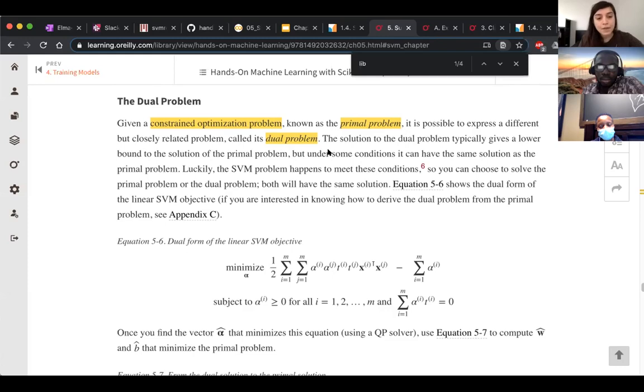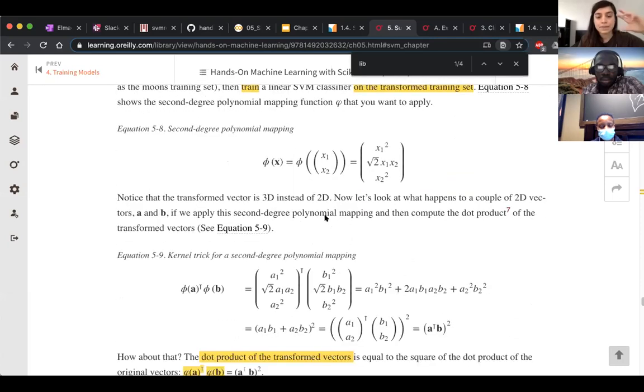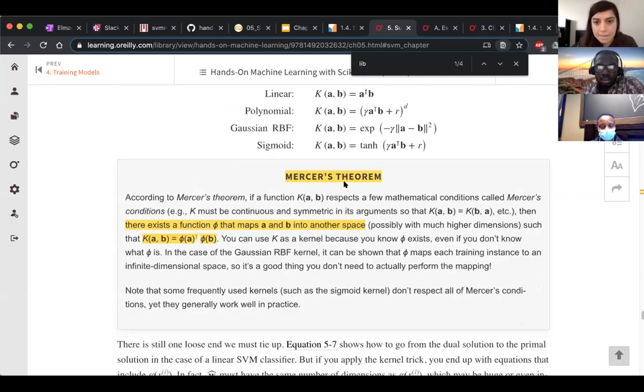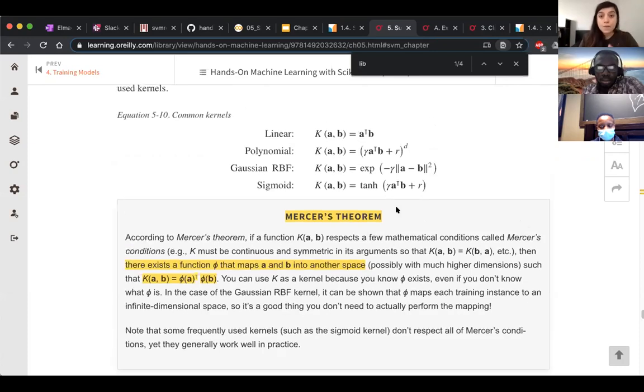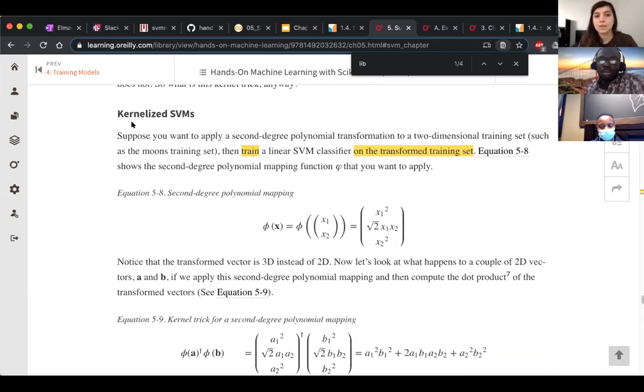If your data fits some constraints, under Mercer's theorem, you will be able to use a kernel system, and I'll tell you how.